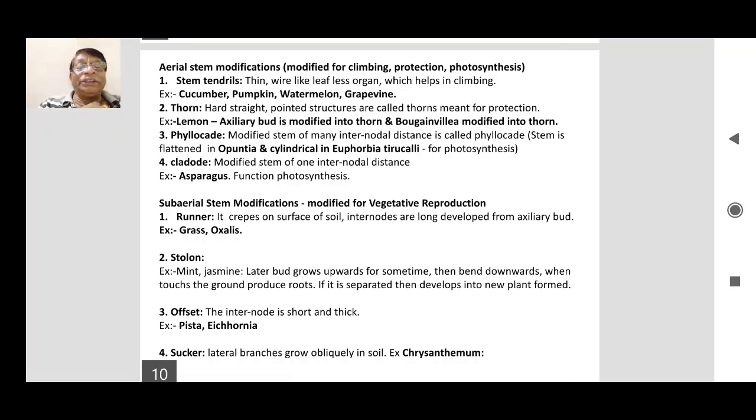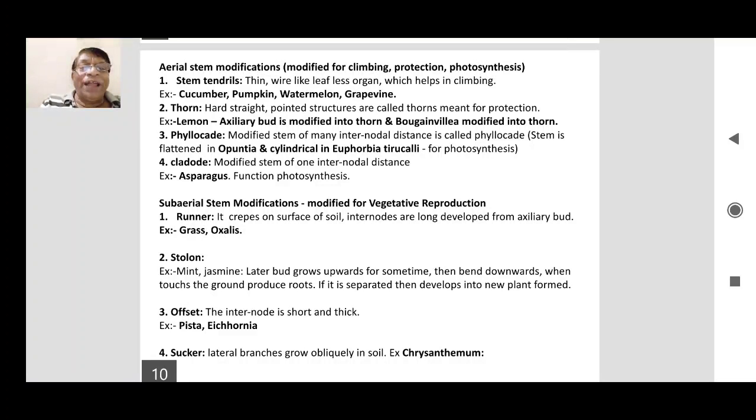Okay. Runner. Example, grass. Grass means Cynodon, we call garike. Oxalis. See the diagram, in the diagram, Oxalis. Garike grows in the field, it runs, therefore we call this runner. In case of Oxalis and grass, the stem creeps on the surface of soil.